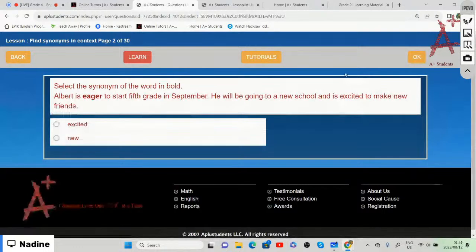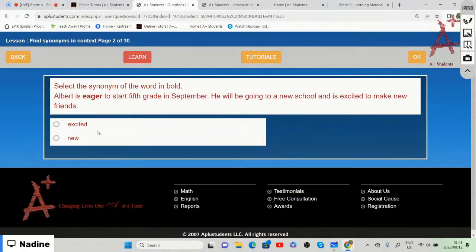Albert is eager to start fifth grade in September. He will be going to a new school and is excited to make new friends. So, eager, does it mean excited or new?